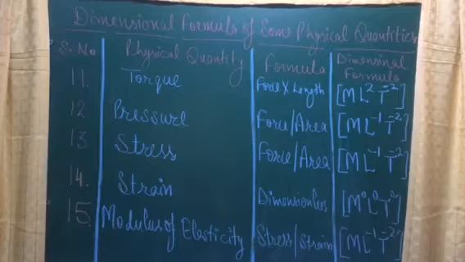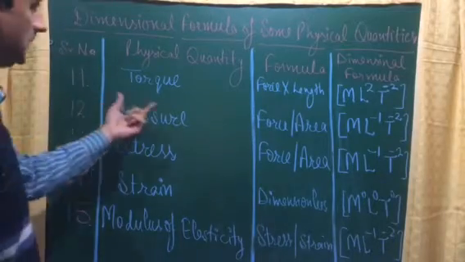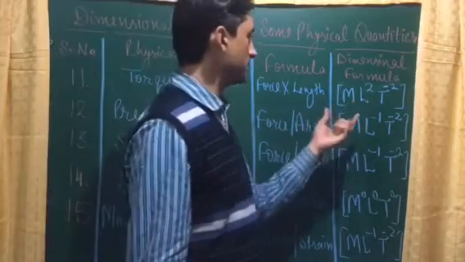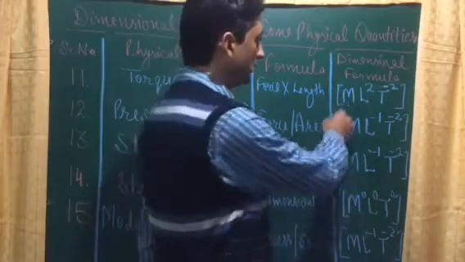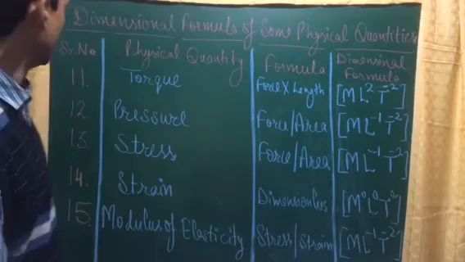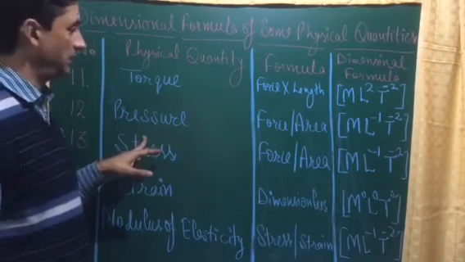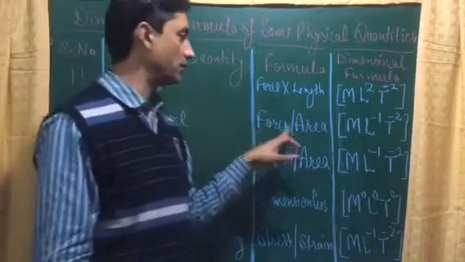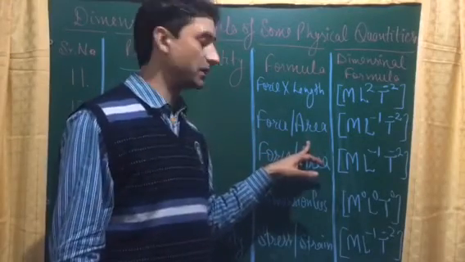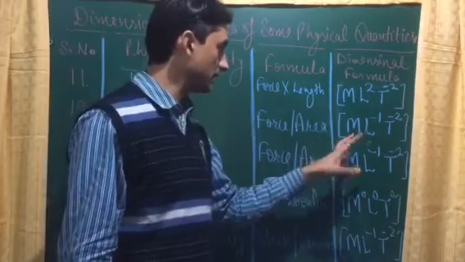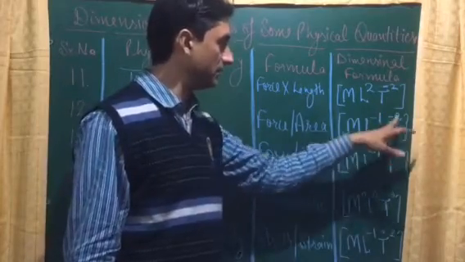So next is torque. The torque formula is force into length, and the dimensional formula is M L2 T minus 2. Next is pressure. The formula of pressure is force upon area, force per unit area, and the dimensional formula is M L minus 1 T minus 2.